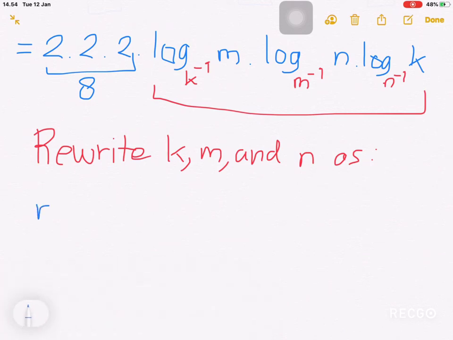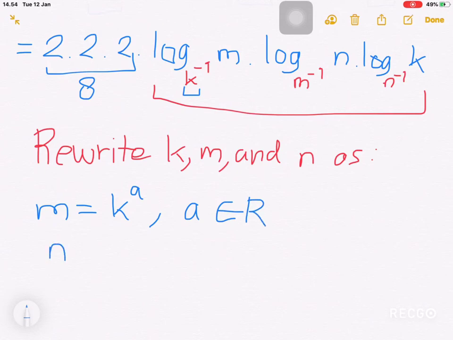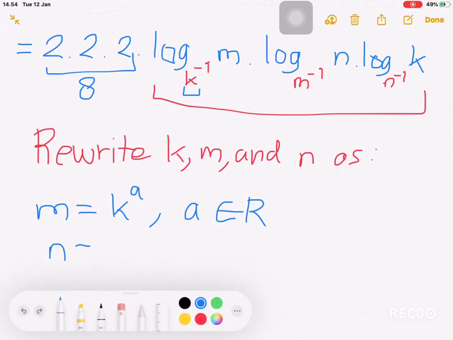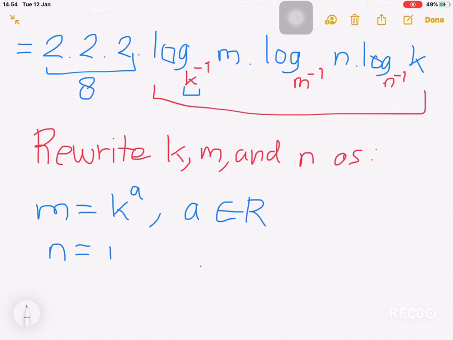We can have m equal to, look at the base, we have k, so k raised to some power. You may ask what power, and the answer is it doesn't really matter as long as it is a real number. Next we have n, which we can rewrite in terms of the base m, so m to the something power, I'll just call it b, and again this is a real number.